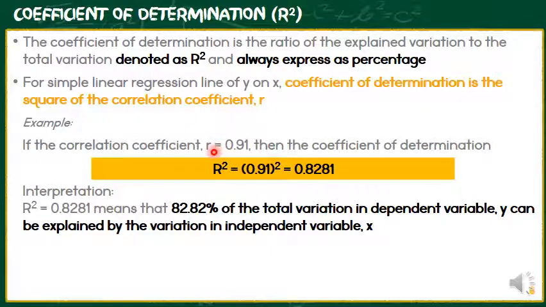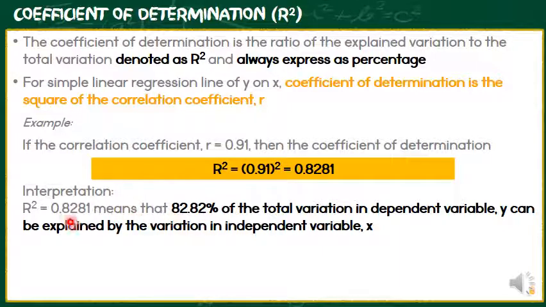So, saya ambil contoh, kalaulah awak punya R, awak kira Pearson product moment correlation dapat 0.91, then the coefficient of determination adalah kuasa 2 R. 0.91 kuasa 2, you dapat 0.8281. And bila soalan suruh interpret, always expressed as percentage.